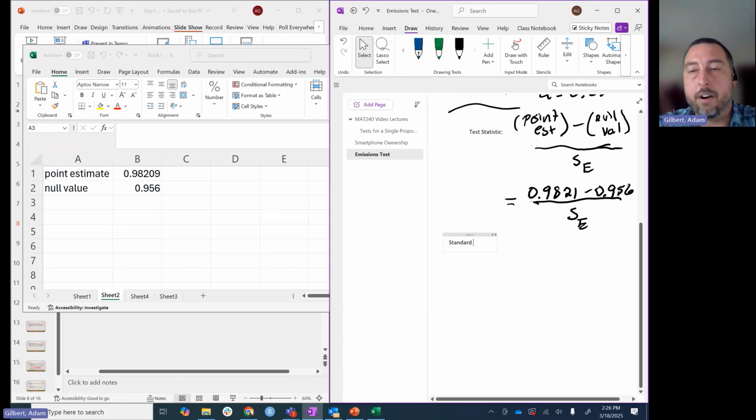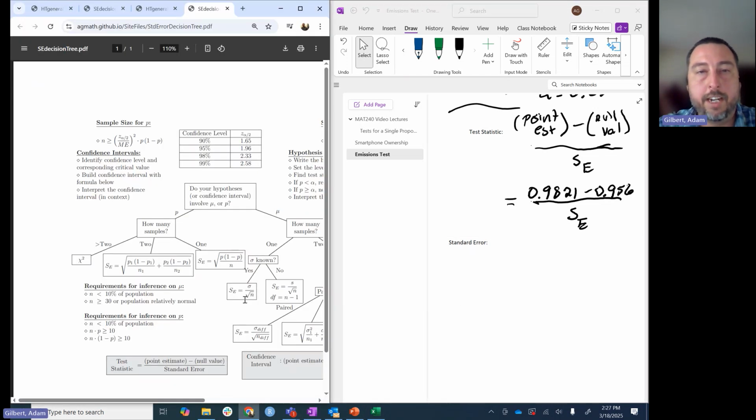So our standard error calculation here is going to be, if we pull up our tree, again, we're running a hypothesis test. We're doing a hypothesis test involving a proportion. So we're on the left-hand side of the tree. All of the cars here belong to the population at QuickFix Auto. So we've got one sample. We're in the same boxes we were in last time.